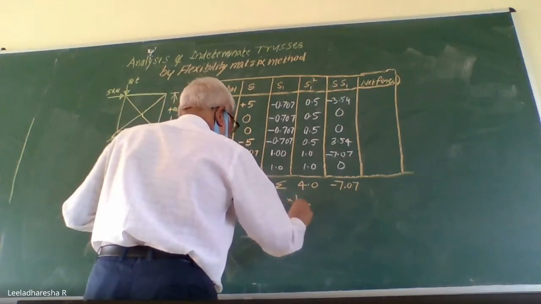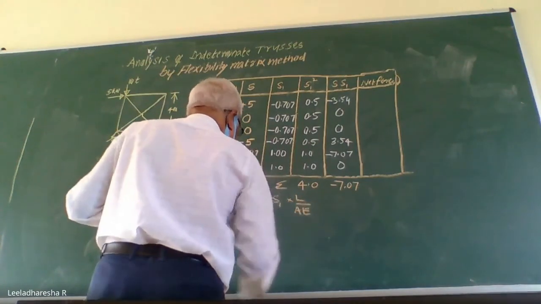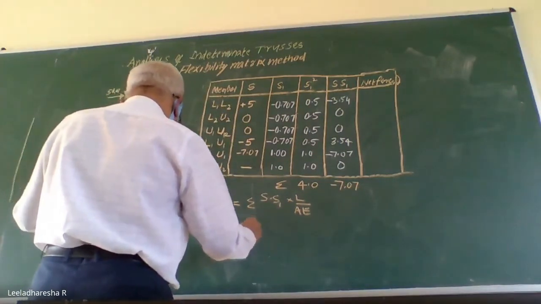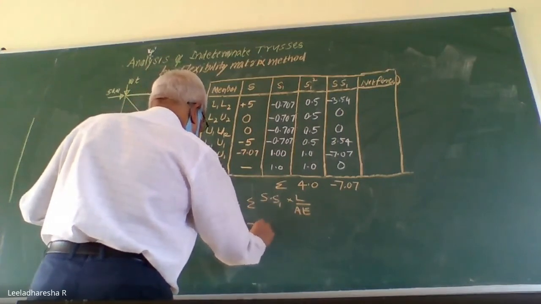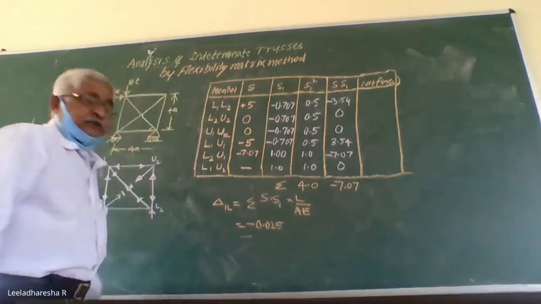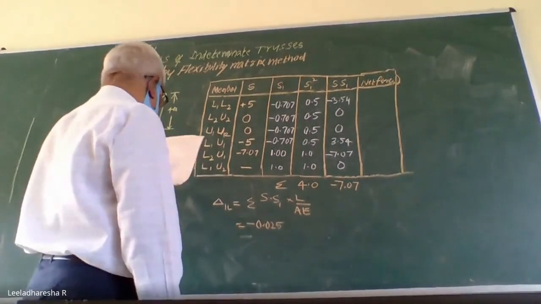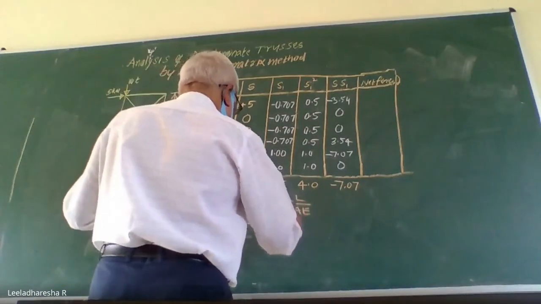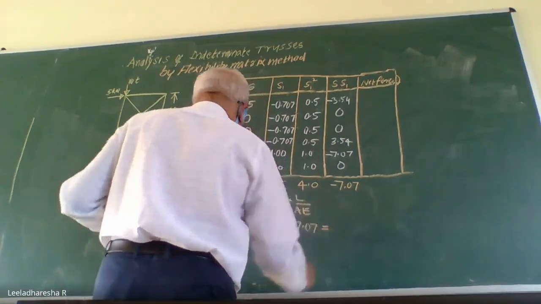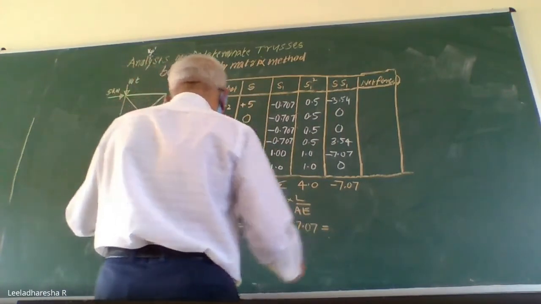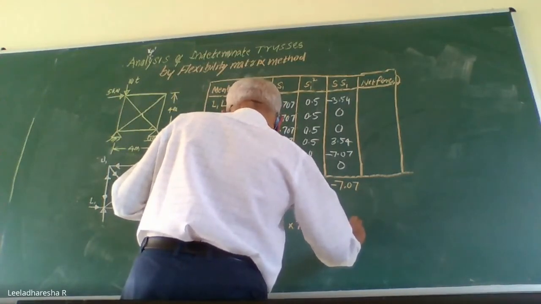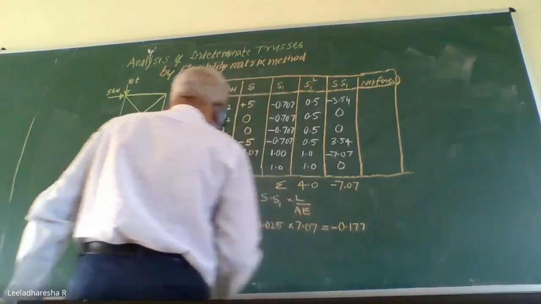Now delta 1L is equal to sigma S into S1 into L by AE. L by AE value is directly given to us. So this will be equal to L by AE, which is 0.025, into minus 7.07. You are going to get this as equal to minus 0.177.